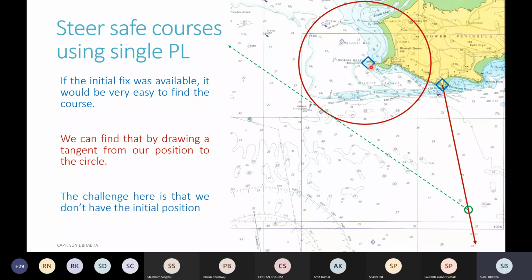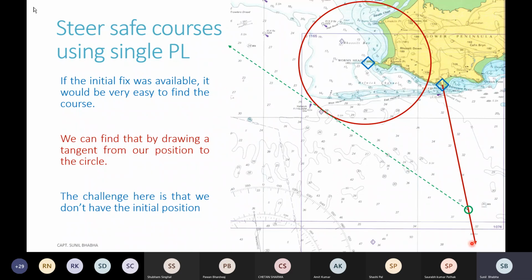But the challenge here is that we do not have the initial position given to us. What we have is this PL, and our position can be anywhere on this position line. Depending upon where our position is, the course is going to differ. If our position was somewhere here, the course would be like this. If our position was somewhere here, the course would go like this.